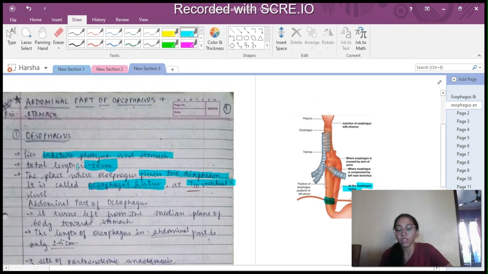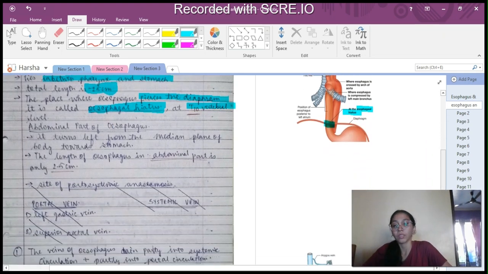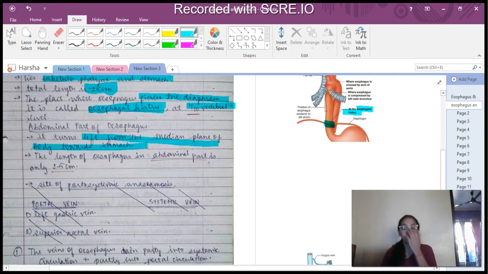Now we'll see the abdominal part of the esophagus. It turns left from the median plane of the body towards the stomach. So, where is the esophagus lying? It is lying towards the left-hand side from the median plane of the body towards the stomach.